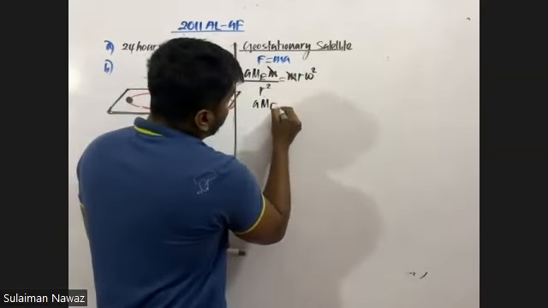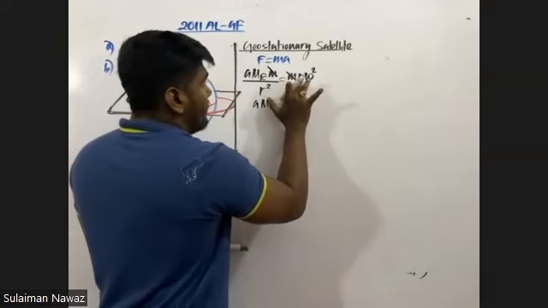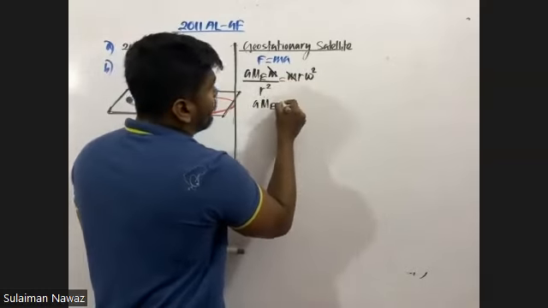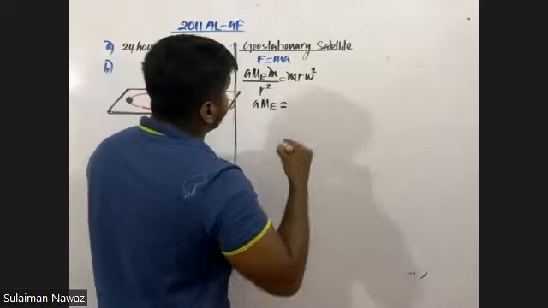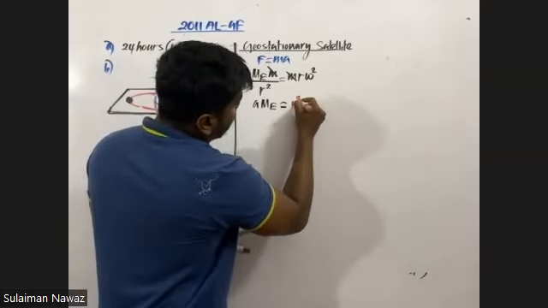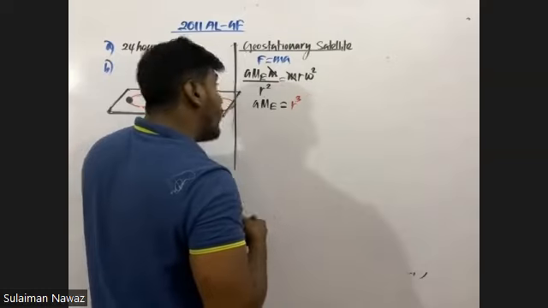G capital M E, I can bring this r squared to this side, so we get r cubed.